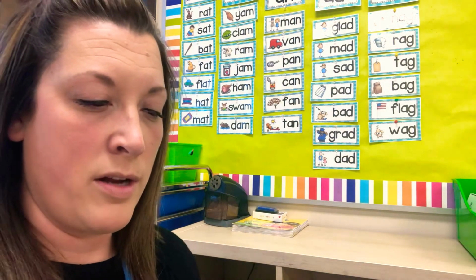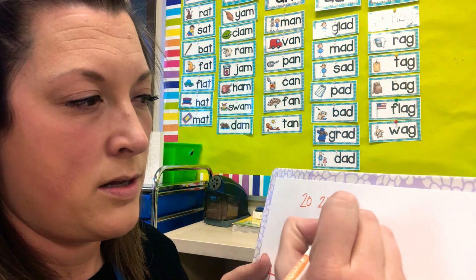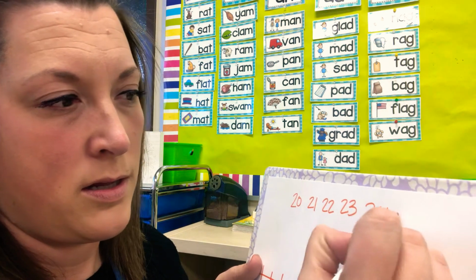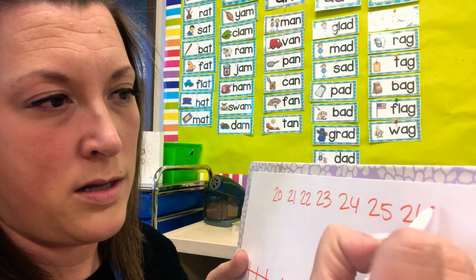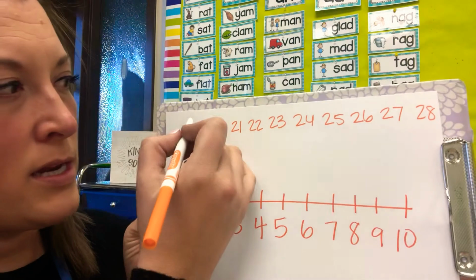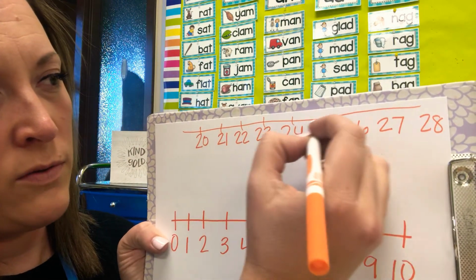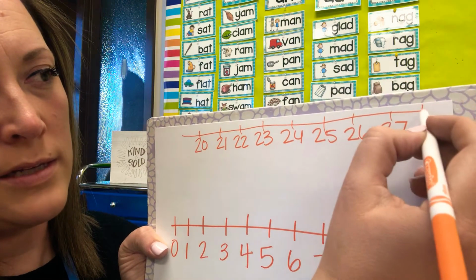Let me just make a little number line really fast. Okay, I made a number line starting at 20, 21, 22, 23, 24, 25, 26, 27, 28.